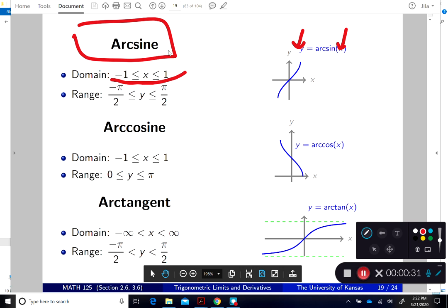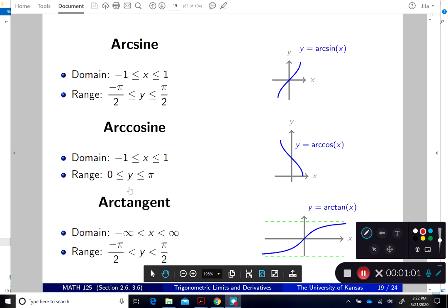That's the ratio, the output of the sine function. And the output is an angle that is in either the first or the fourth quadrant, and so that's the arcsine.